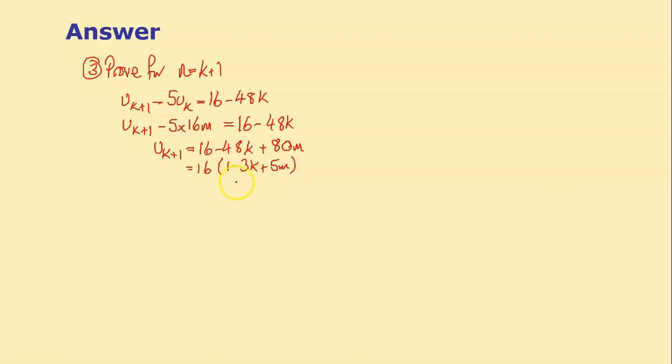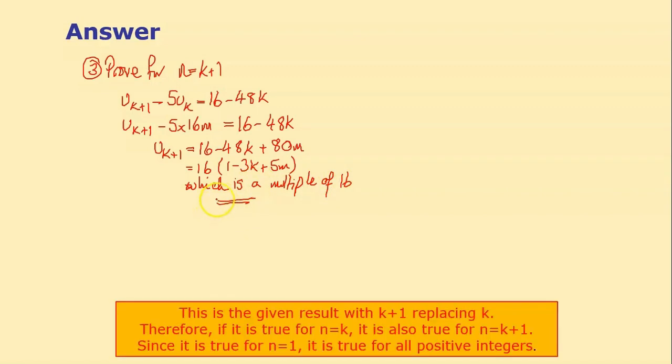And the critical thing is, if k is an integer, and it is, and m is an integer, and it is, basically this must be, I'm just going to write, a multiple of 16. Now, that's step 3 done. I've proven it's a multiple of 16. The completion statement is this wordy bit, and in the exam, step 4 would be writing that out.